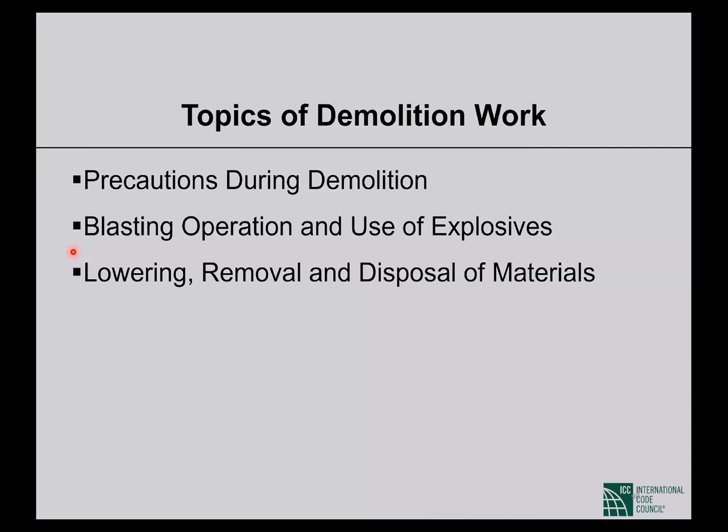The next floor collapsed because of the load from the upper floor, and so on. The building collapsed. This wouldn't happen if the workers, if the engineers followed these sections on how to remove the debris, etc.